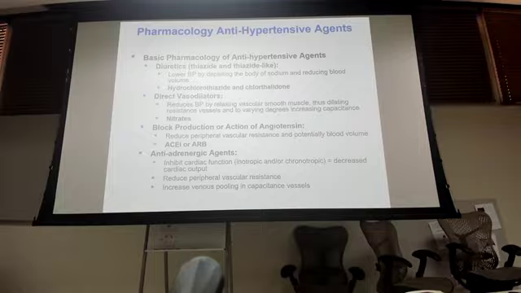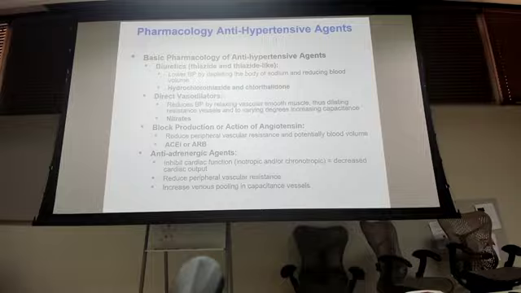ACE and ARBs, we talked about it. They're going to reduce that angiotensin-mediated vasoconstriction and volume expansion. So what system are they working on, ACE and ARBs? As an overarcher, where do they work? The RAS system, however you choose to pronounce it.